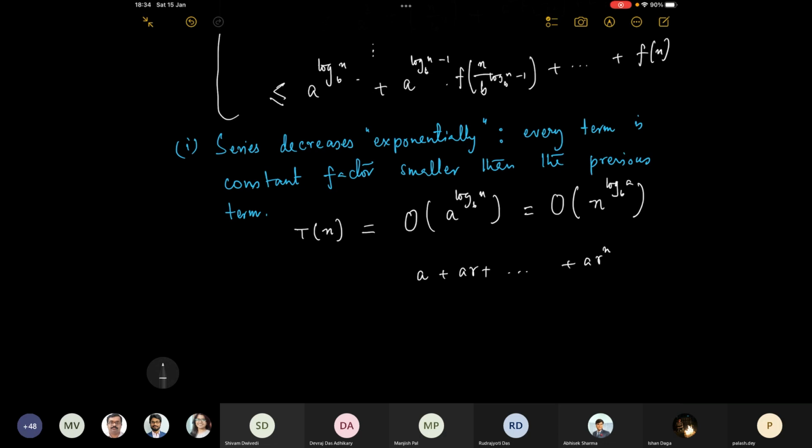So what is the value of this sum? This value of this sum is A times 1 minus R to the power n, or n minus 1, something like that, by 1 minus R. Now, if R is a fraction, then it is less than or equal to A by 1 minus R. If R is a constant fraction, it is big O of A.